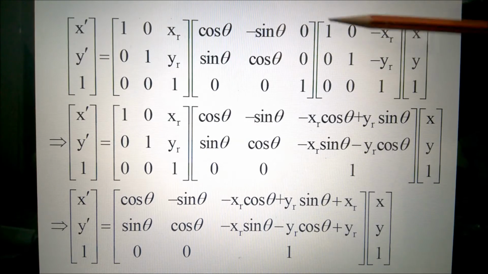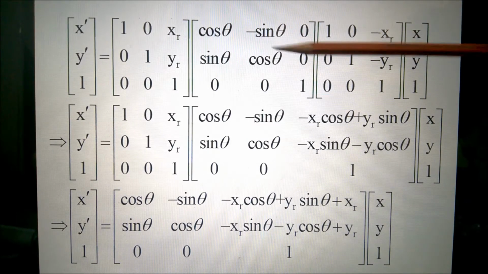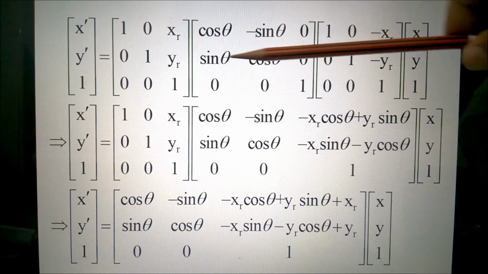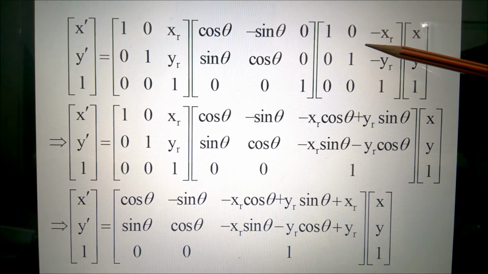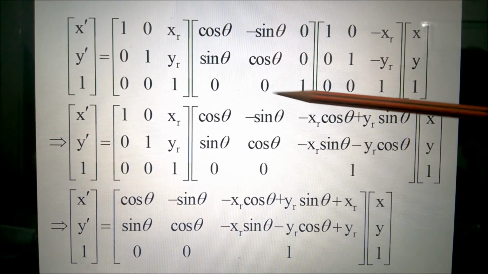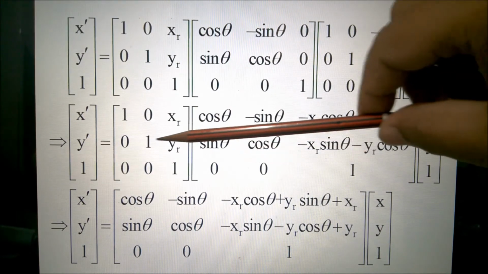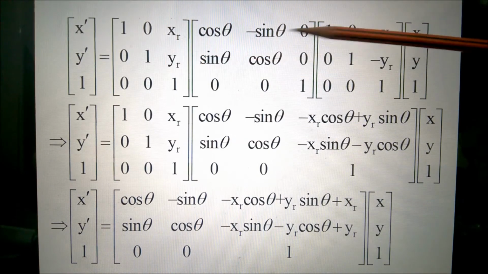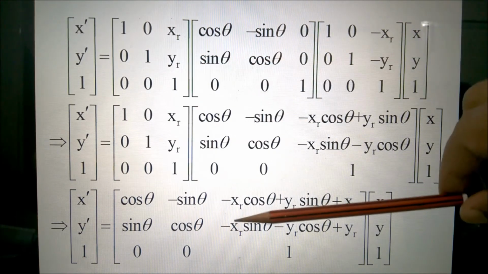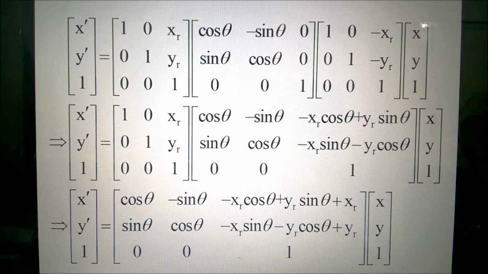Now you can see that we can convert these three matrices into a single matrix. First, we multiply these two matrices and get this matrix, and then this matrix is multiplied with this matrix. We get the single matrix. Therefore, these three matrices are converted into a single transformation matrix.